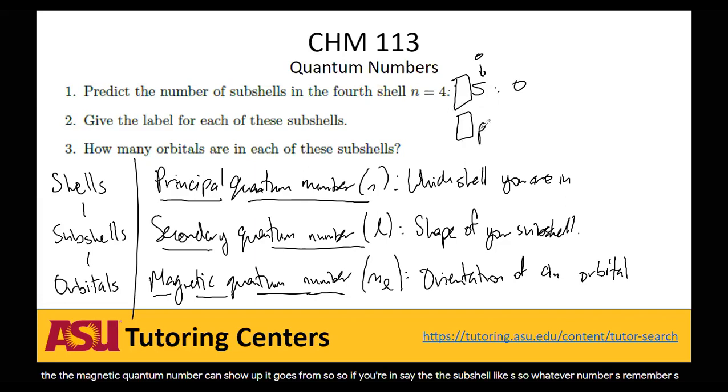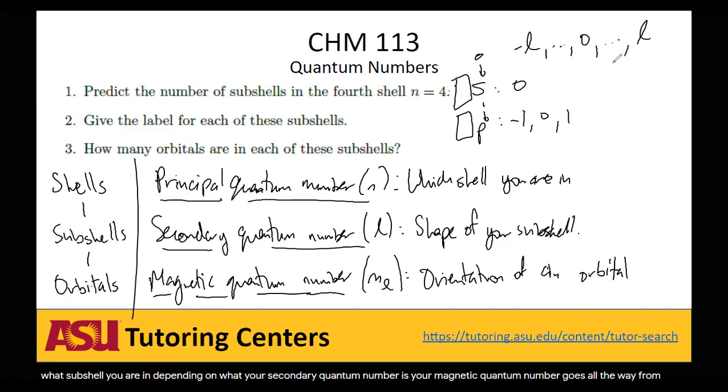But if you were in the P subshell, remember P corresponds to 1, the magnetic numbers go from -1, 0, 1. So basically, depending on what your secondary quantum number is, your magnetic quantum number goes all the way from -L up to +L.